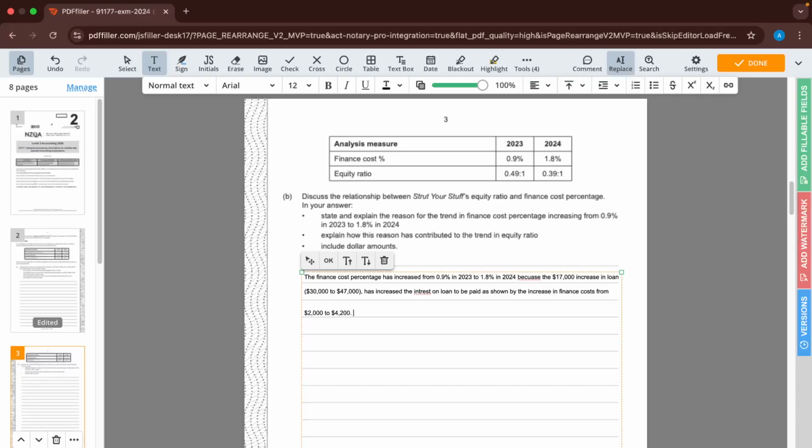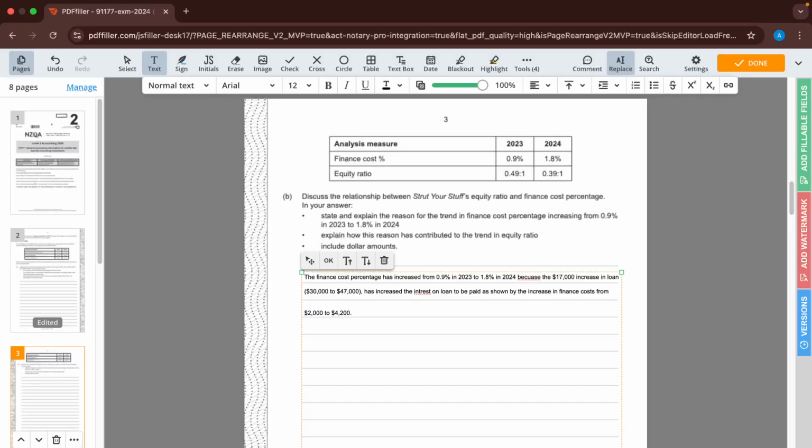So there was also an increase in sales, and we do want to reference this as well, because if, for example, sales increased by times 10 and finance costs only increased by double, finance cost percentage would actually decrease. So we do want to reference that as well.